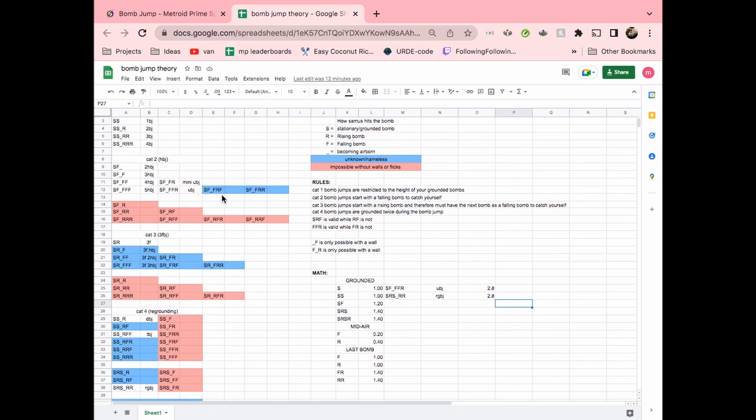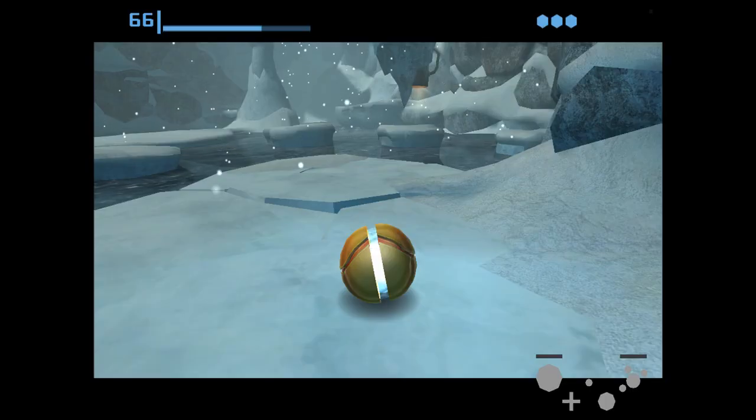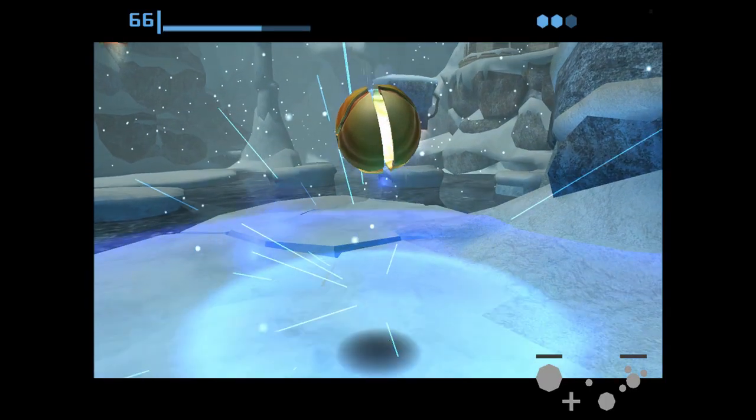And then RF. Well, how does RF work? Well, you're gonna lay a double tap. And then a falling bomb after that. Ooh, man, that's really complicated.